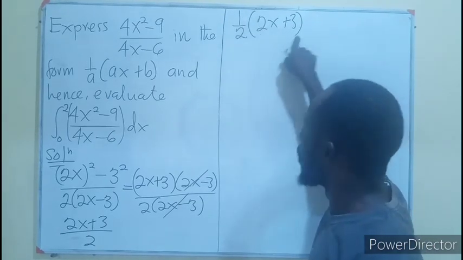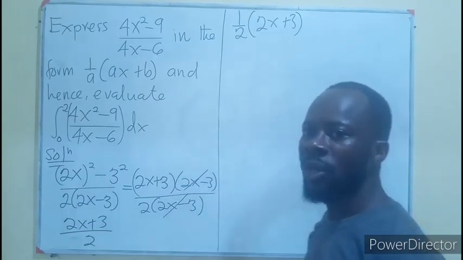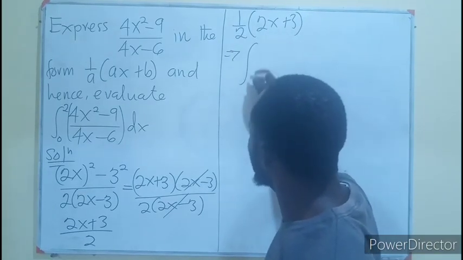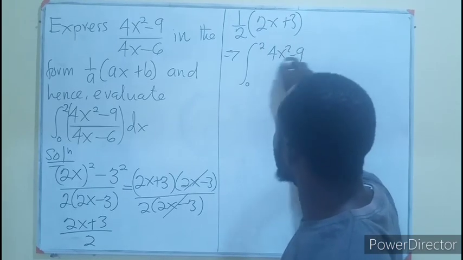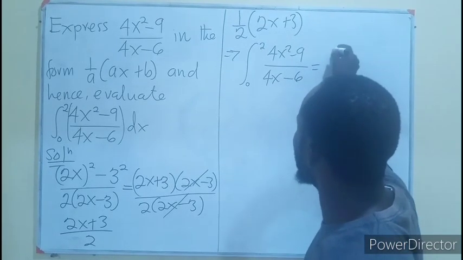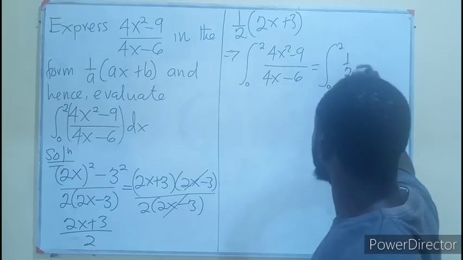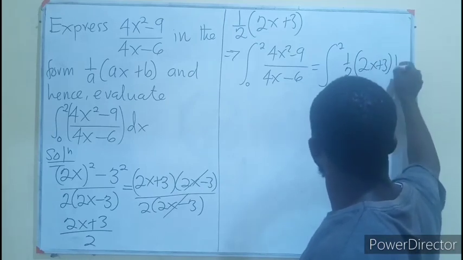So 1 times all this gives us 2x + 3, then our denominator of 2. So this implies that the integral from 0 to 2 of (4x² − 9)/(4x − 6) is the same as the integral from 0 to 2 of 1/2 (2x + 3) dx.